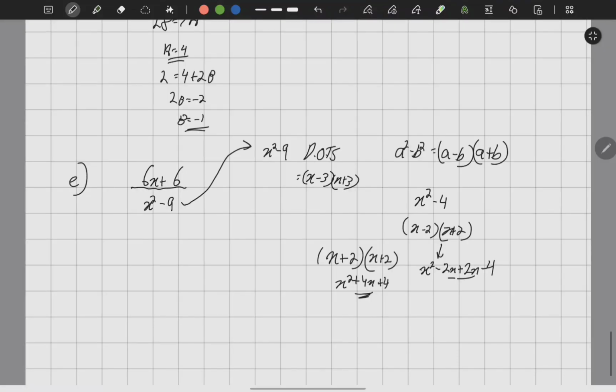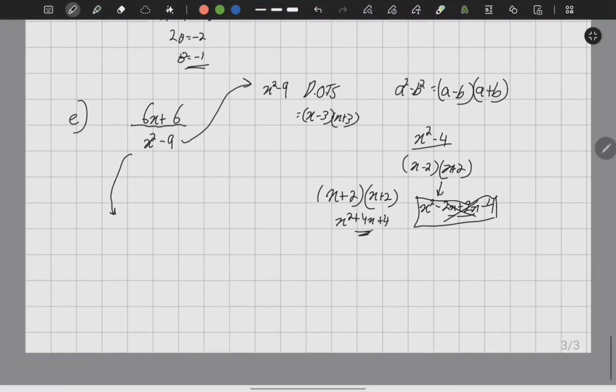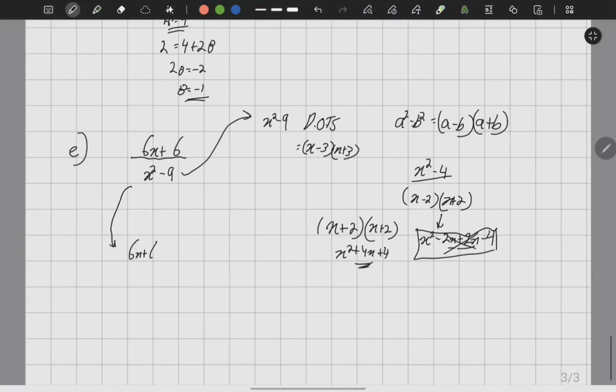You see how these two cancel out? That's why you can just write it as this instantly. You don't need to do any working. So I can just say this is the same as 6x plus 6 over x minus 3, x plus 3. Okay, let me just rub all this out.